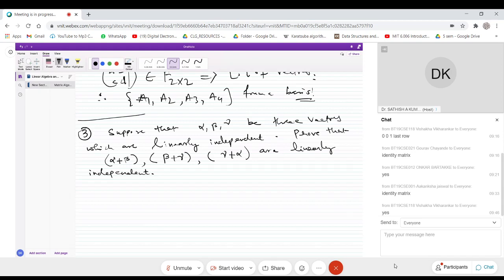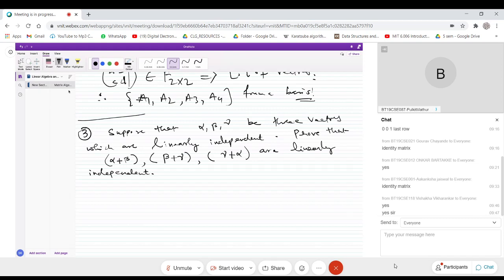Yes, sir. We can take P into alpha plus beta, plus Q into beta plus gamma, plus R into gamma plus alpha. Then we will rearrange it. It will become P plus R into alpha, P plus Q into beta, and Q plus R into gamma. And then we can prove that P equal to Q equal to R equal to 0. Correct.